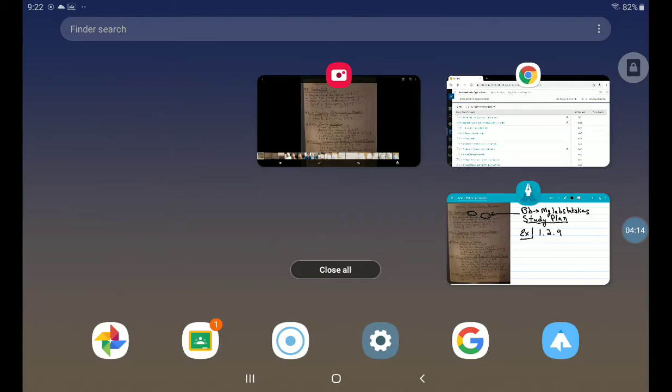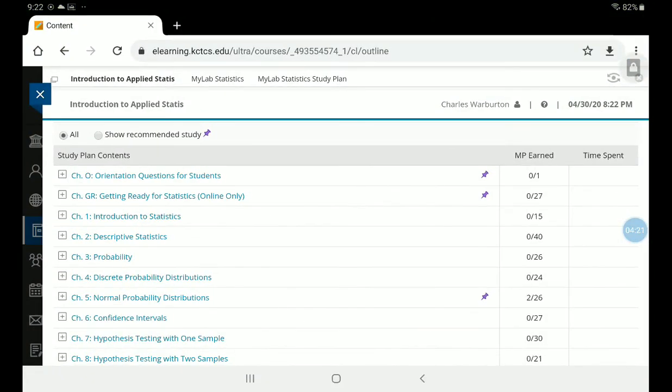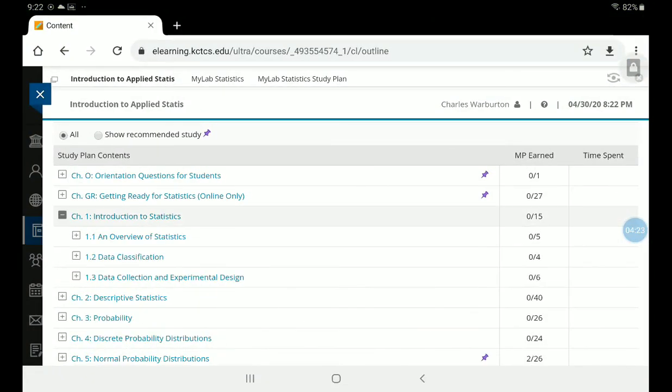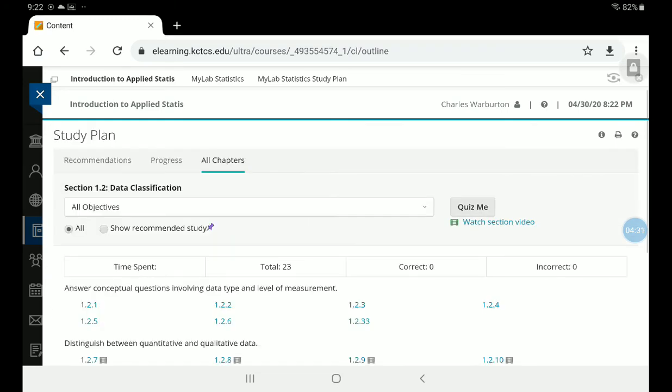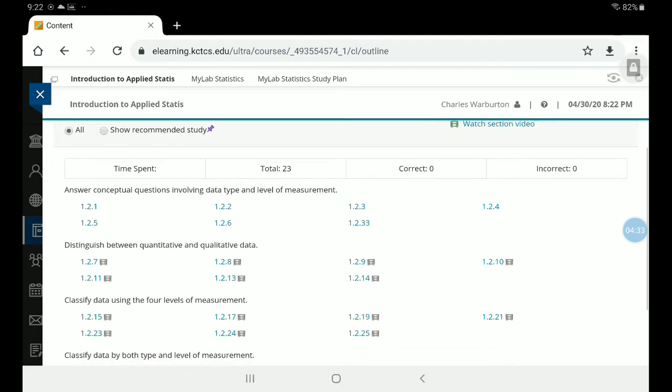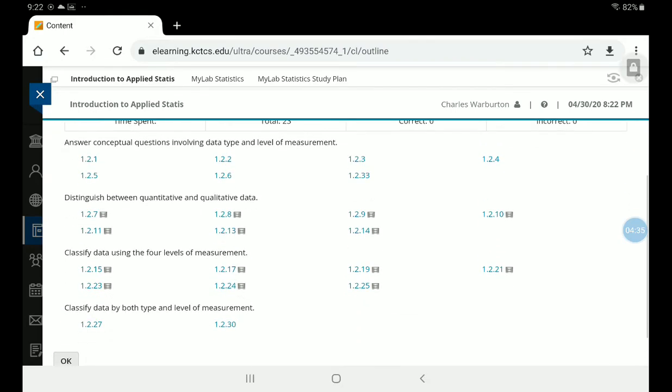For example, if you wanted to look at 1.2.9, then you could go to chapter 1, section 2. That's data classification. Then look and see if you can find 1.2.9. And there it is, 1.2.9. And I can click on it.